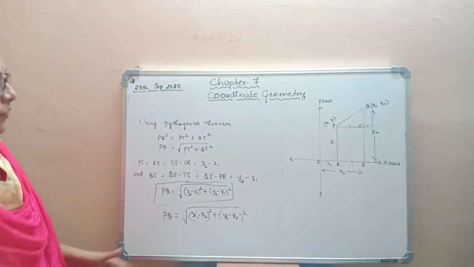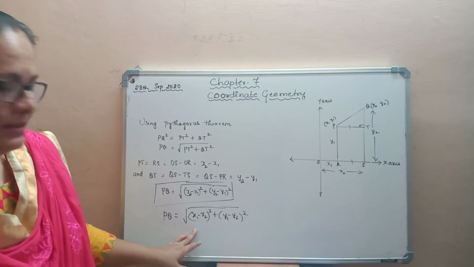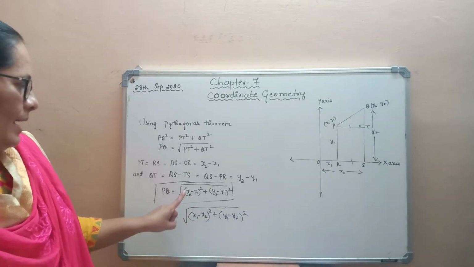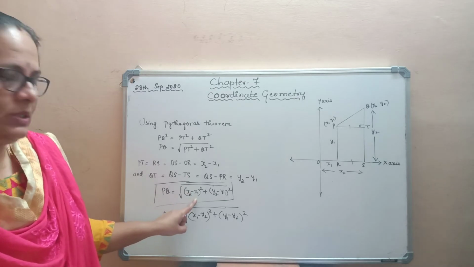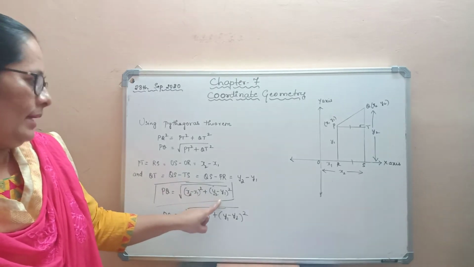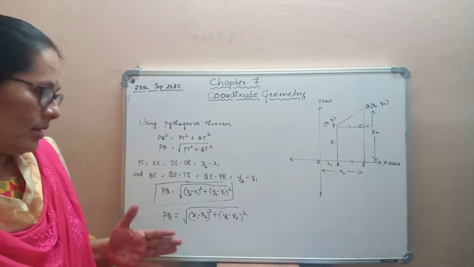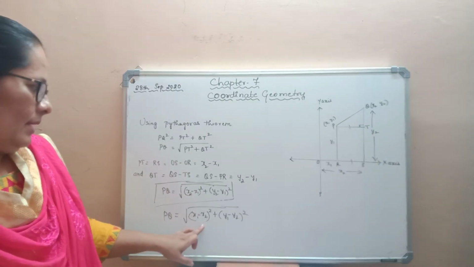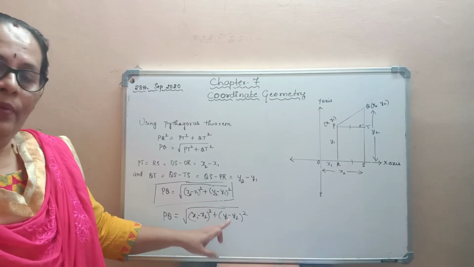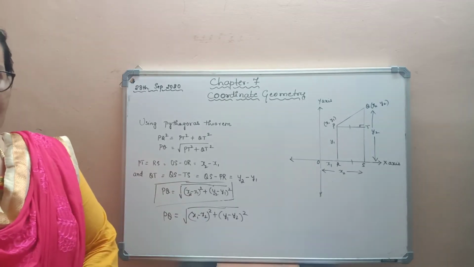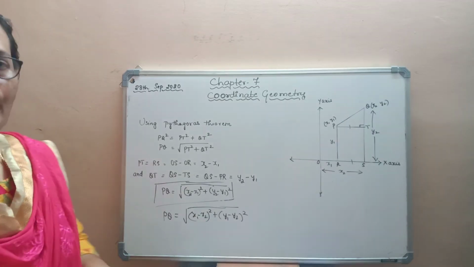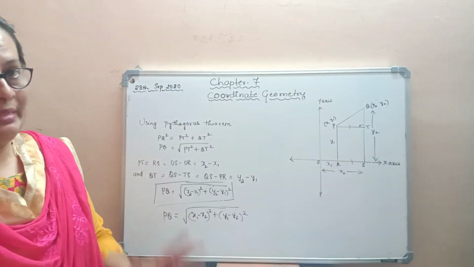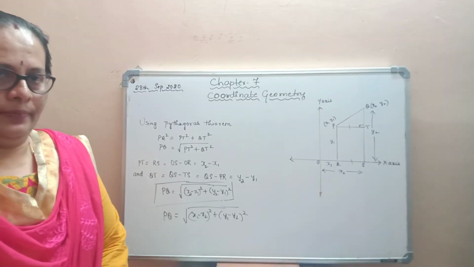Anyhow, we are squaring, so you will not get any difference here. You can use this distance formula as root of x2 minus x1 whole square plus y2 minus y1 whole square, or as PQ equals root of x1 minus x2 whole square plus y1 minus y2 whole square. So using this formula we can find out the distance between the 2 points when their coordinates are given.